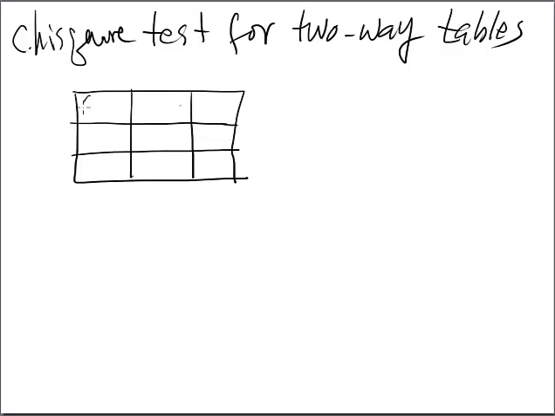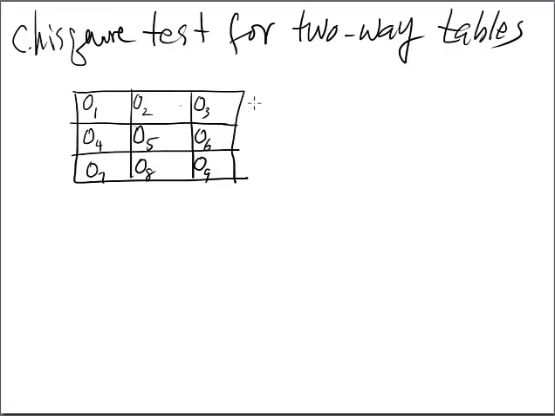So you observe some, like O1, O2, O3, O4, O5, O6, O7, O8, O9. Just to give you an example, okay? This is a 3 by 3 table. You may have 2 by 4, 2 by 2, 3 by 2, 4 by 3, many kinds.